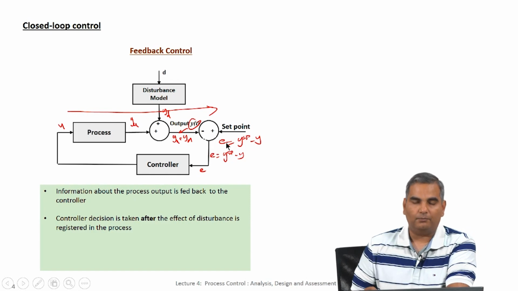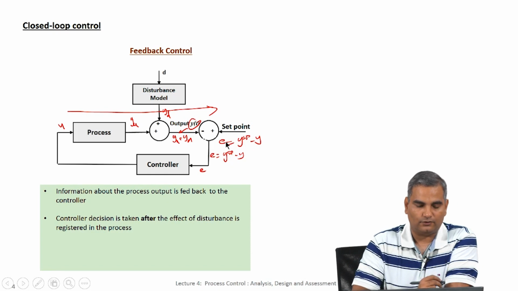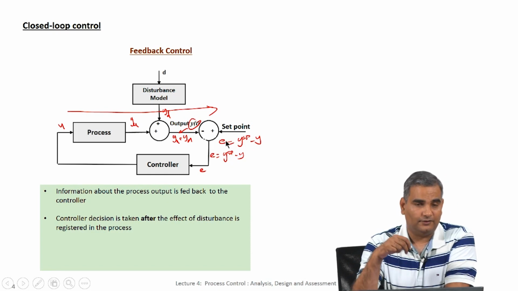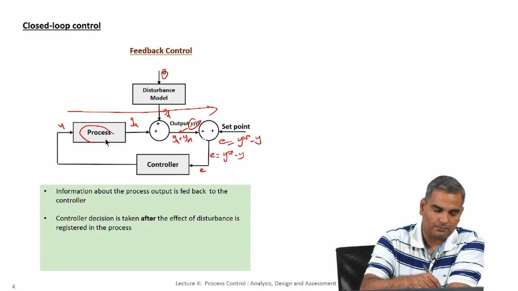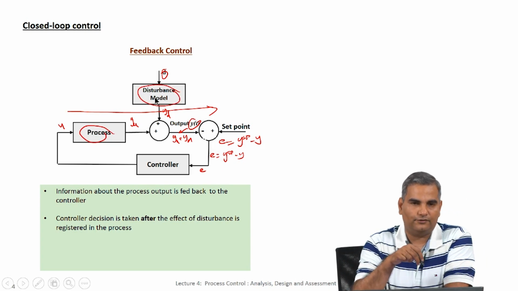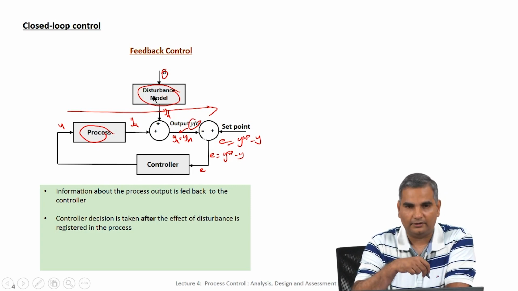This is a very important idea in process control, and this is a notion of closed loop control. In this case, we will see later that whether we measure disturbance or not, whether we have an exact model for a process, we have an exact model for a disturbance or not, just this notion of feedback control can get the output value to its set point in many cases.